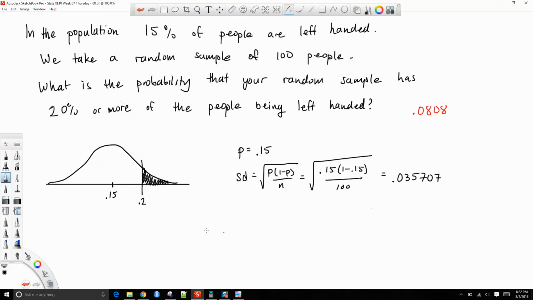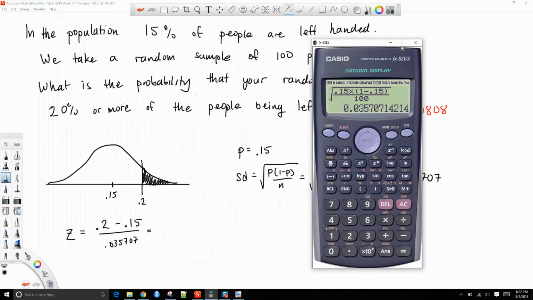So that's my standard deviation. So my z-score, looking at this picture, is going to be 0.2 minus 0.15 divided by my standard deviation, 0.035707.